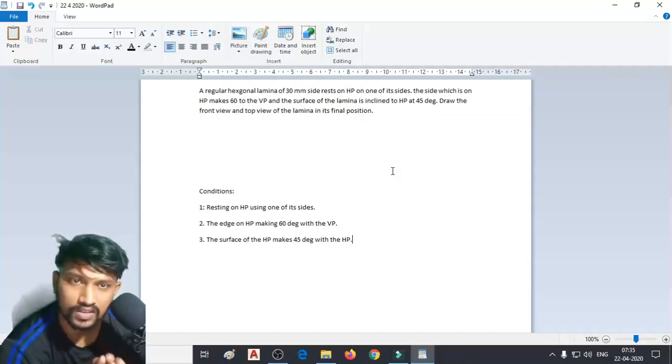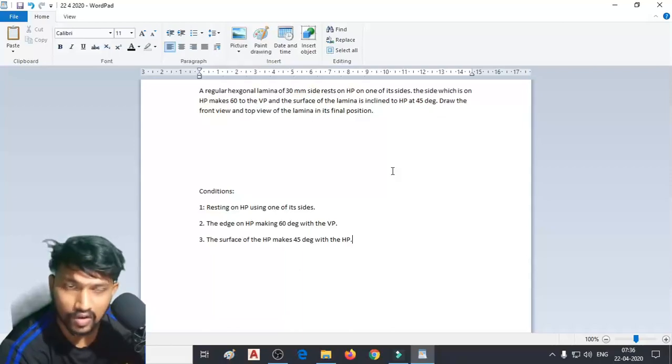Remember, initially you have to treat it as parallel to one of the planes or keep it on any one of the planes. For almost 98% of the problems it will be like this. Either you have to start with the plane lamina resting on the horizontal plane or vertical plane, or parallel to the horizontal plane or vertical plane.